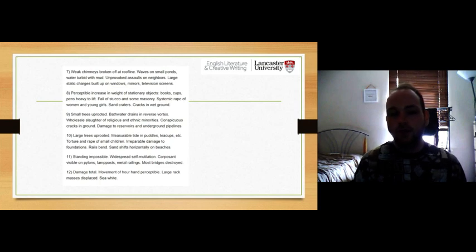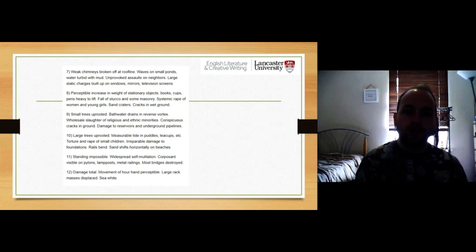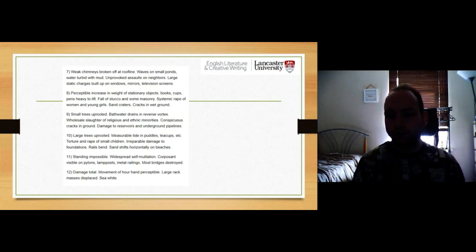Large static charges build up on windows, mirrors, television screens. 8. Perceptible increase in weight of stationary objects, books, cups, pens heavy to lift. Fall of stucco in some masonry. Systemic rape of women and young girls. Sand craters. Cracks in wet ground. 9. Small trees uprooted. Bathwater drains in reverse vortex.